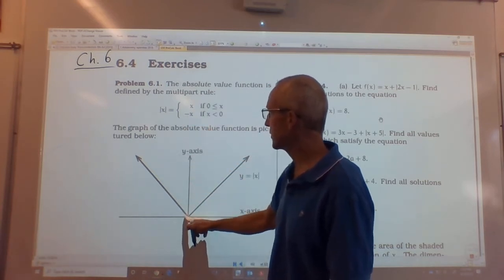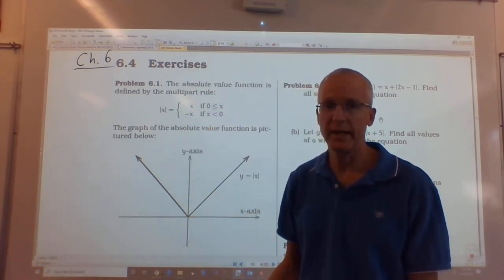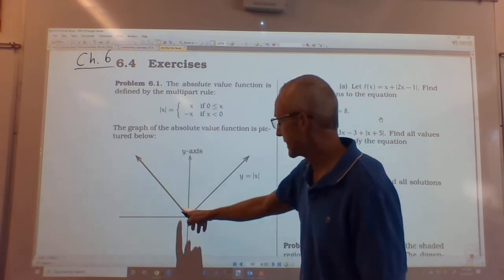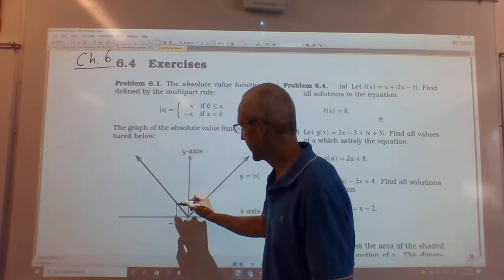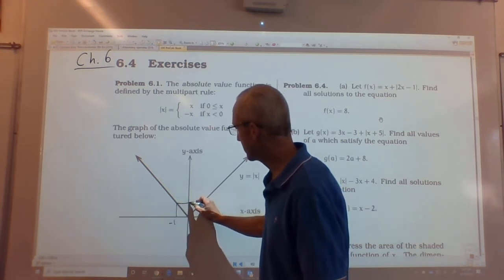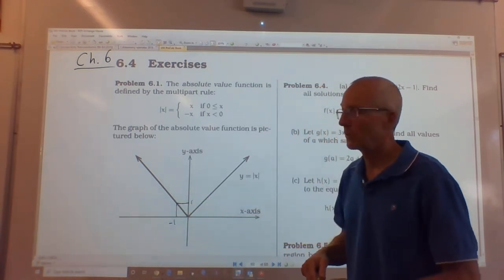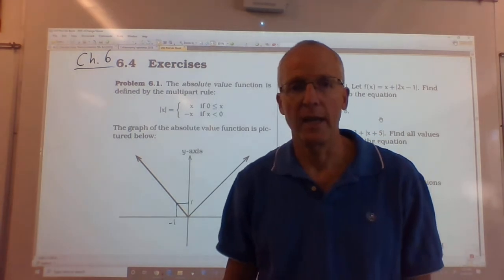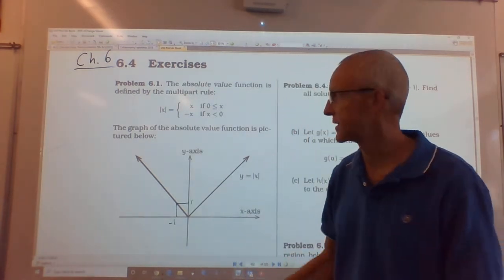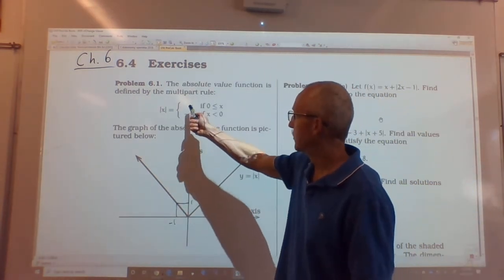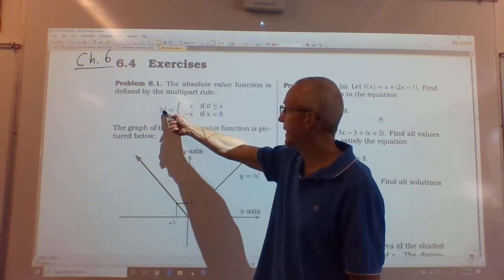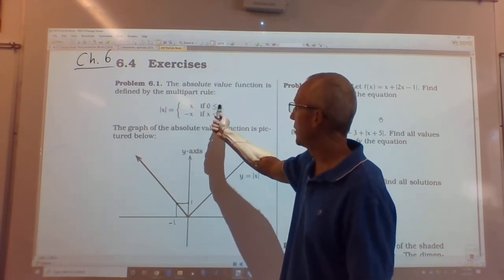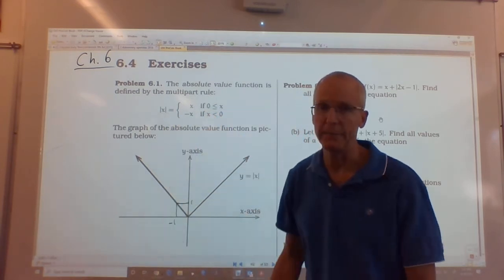So if x is less than 0, which means x is negative, negative x makes it positive. So that's this part, right? So like here, maybe x is -1, so negative of x is 1. So this is 1. So again, the way they got rid of the absolute value is to leave whatever's inside, and this is the big trick. Whatever's inside, you put here, and then figure out what x has to be, so you don't need the absolute value.